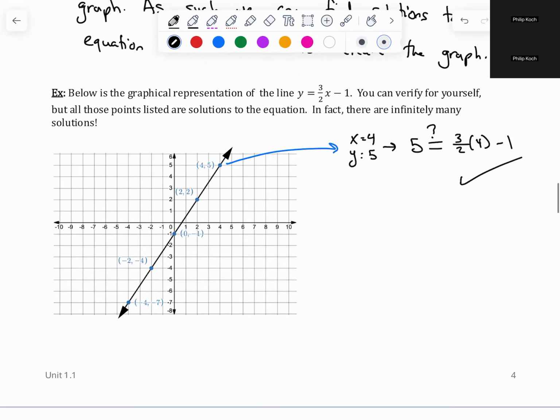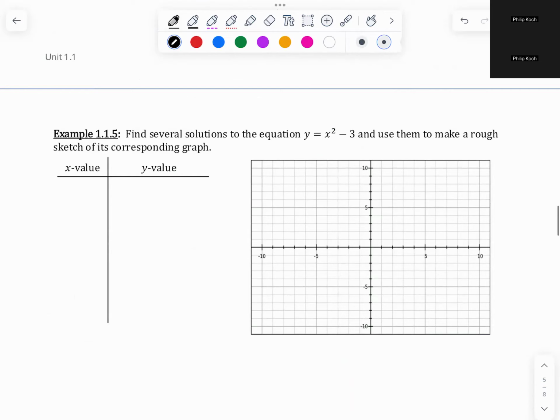So that is the first way we learned how to graph things. When we were baby mathematicians, when Rene came along, in order to graph these things, he would make charts.